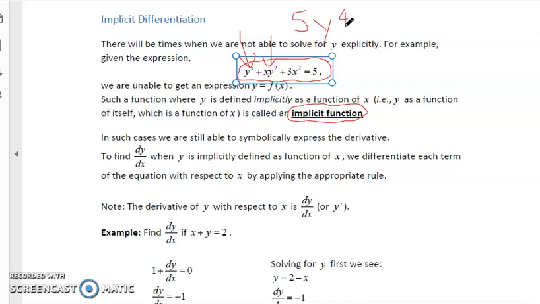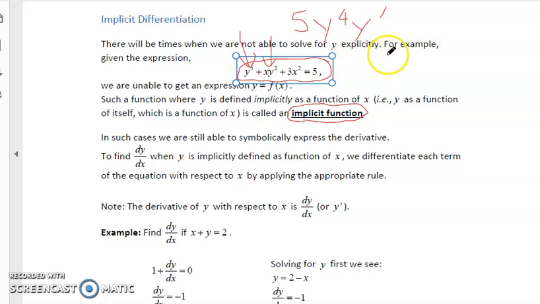You have to multiply your derivative, here for example 5y to the 4, by y prime, the derivative, because that's really what you're doing. You're taking the derivative of the whole function itself. y is the name of the function. So that's really the only difference, and that's what you have to remember: if you're taking the derivative of a y, you write y prime beside it. It has to be multiplied by y prime.